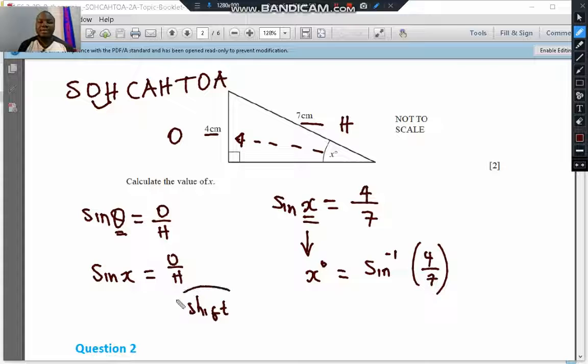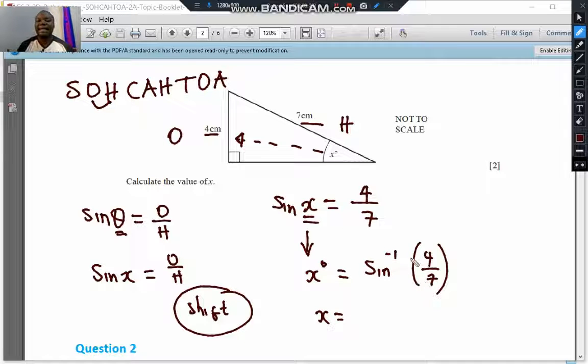You punch on shift, and then you go on the button for sine. When you do shift, it will give you the sine inverse. So once you do shift or second function, you go on the button that says sine. It will give you sine inverse, and then you put sine inverse of 4 over 7, which means now that the calculator is going to give you the angle or the value of the x.